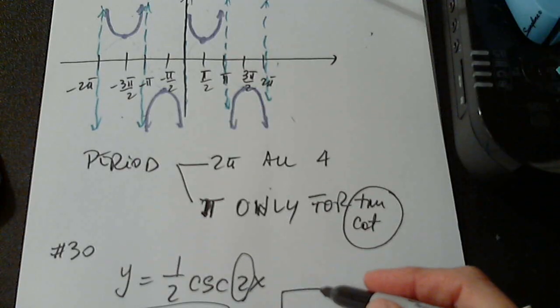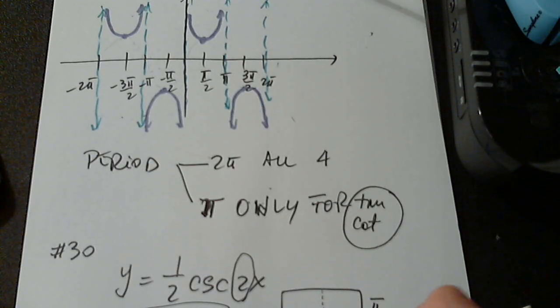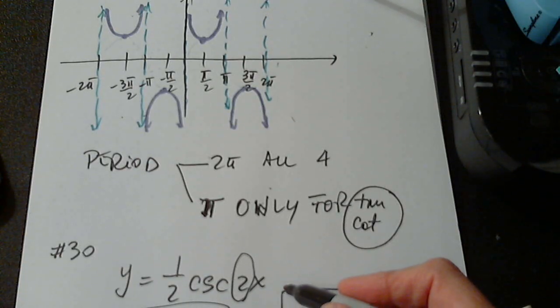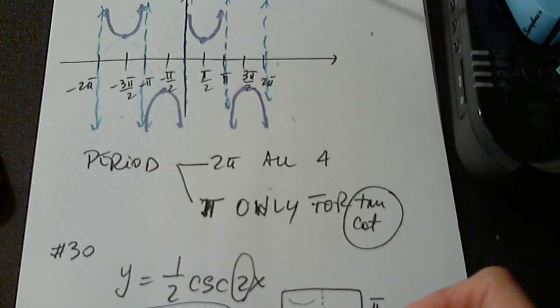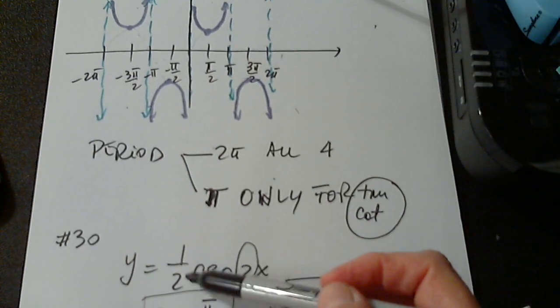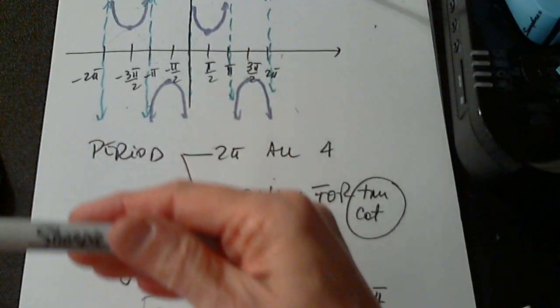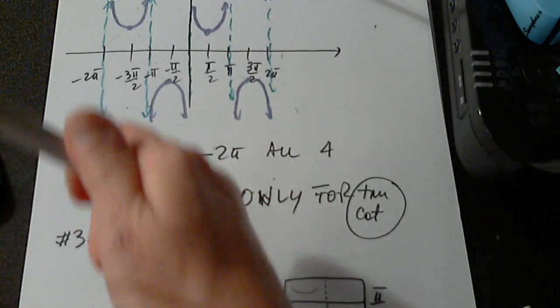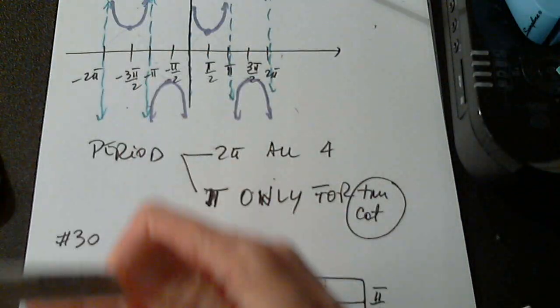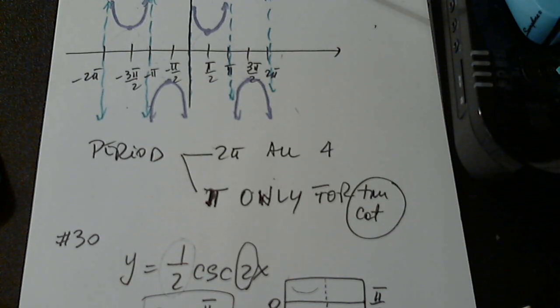So half of it will be right here at pi over 4. So I will have to see a graph, this piece up here and this piece down here. Okay, now the 1/2 in front shrinks the graph. It's not a vertical stretch, but a vertical shrinking of the graph. Okay, so let's see.